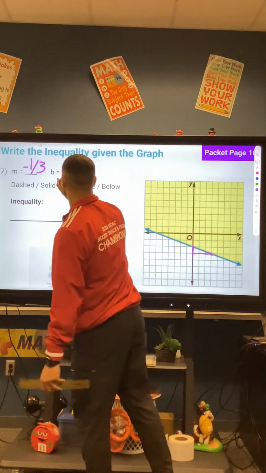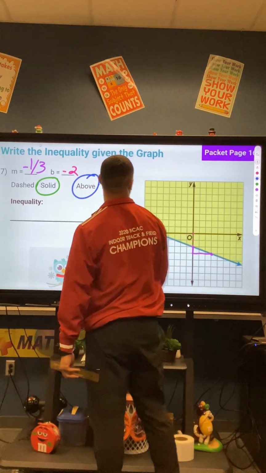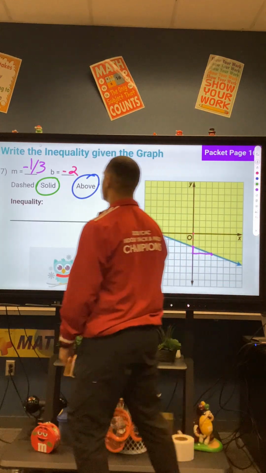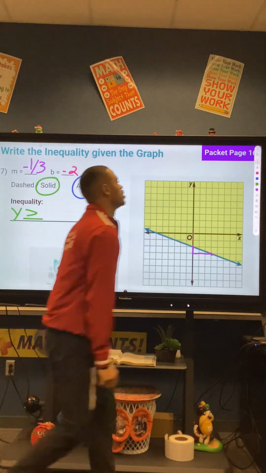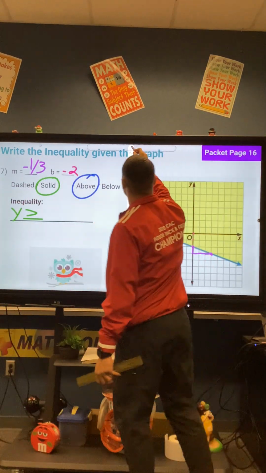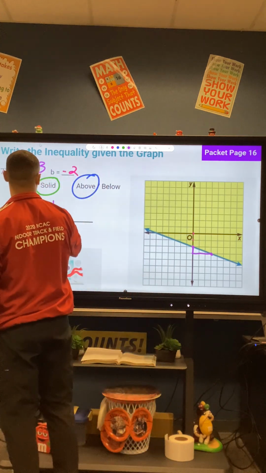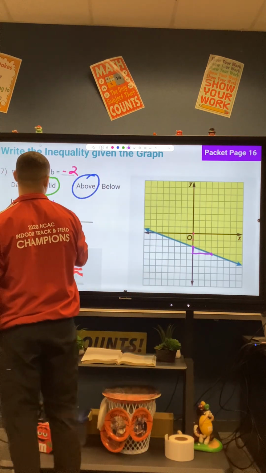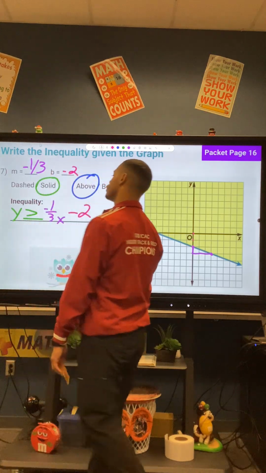My line is a solid line, and they have shaded above, which means my inequality is going to be y is greater than or equal to my M value, which is a -1/3 x, and my B value, which is a -2.